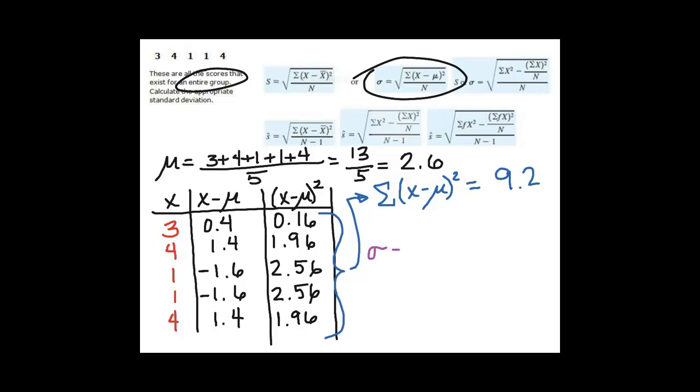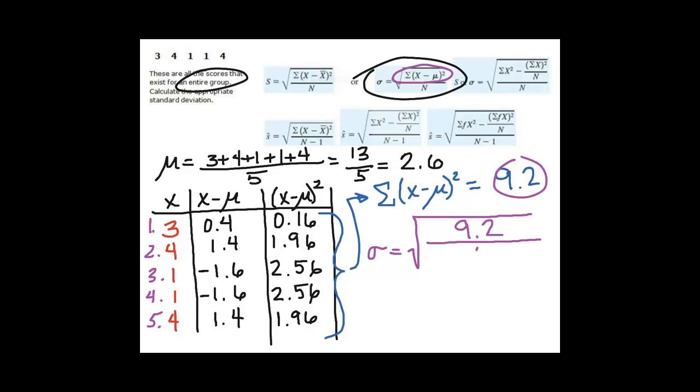Okay, so finally sticking it into the overall equation, I now have a numerator of 9.2 and a denominator of n. And again, we have a very small data set, in this case 5 pieces, so n on the bottom is 5.